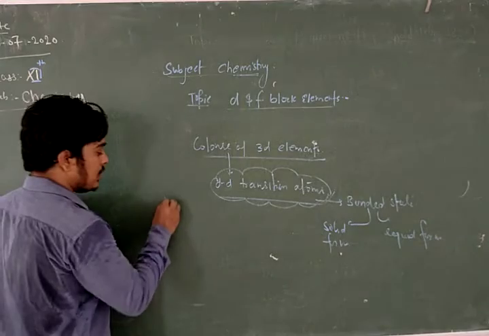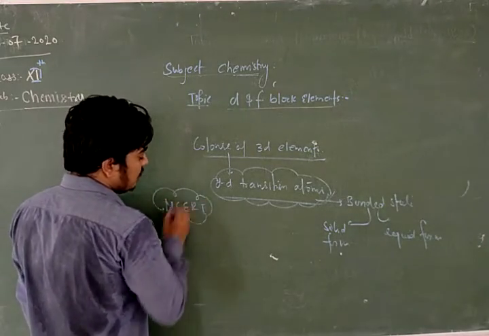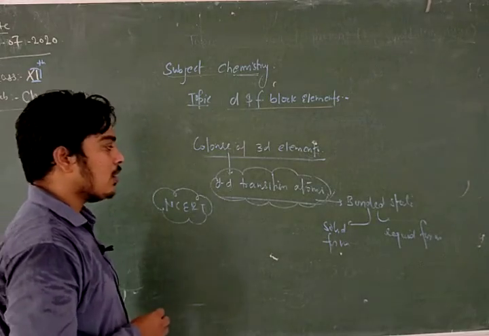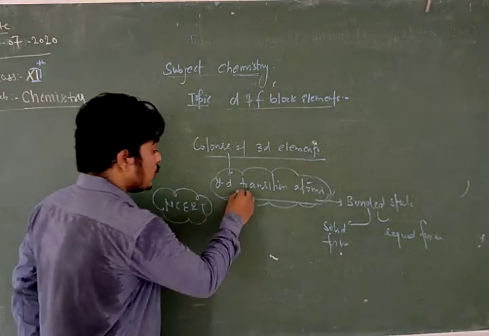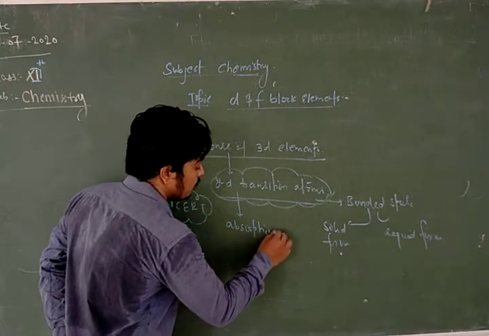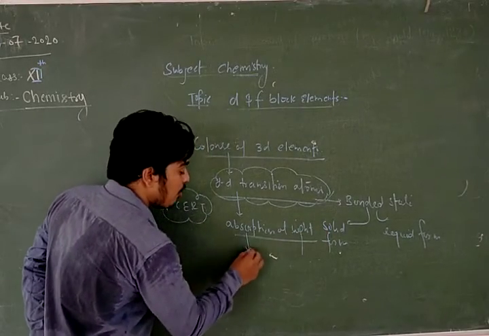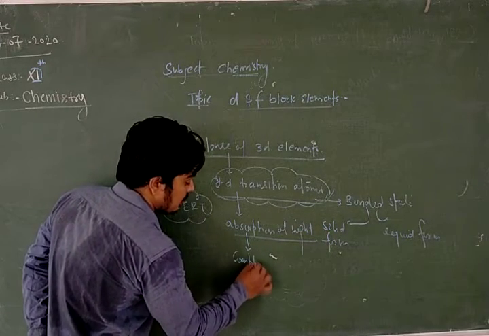So go through the NCERT book and try to cover the color of these compounds. Why does this color appear? Due to absorption of light, and its complementary color appears.